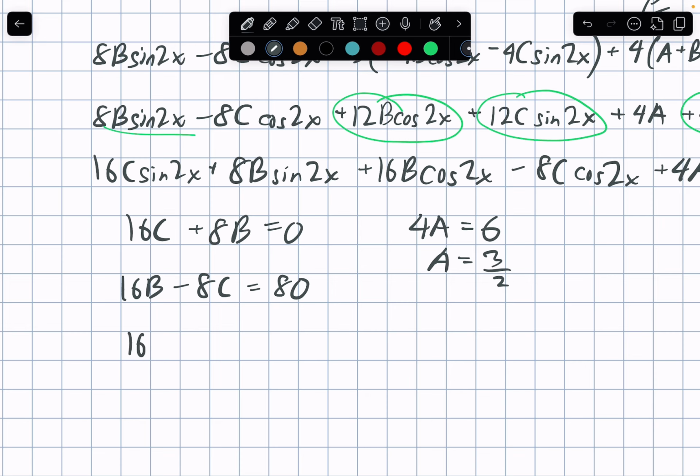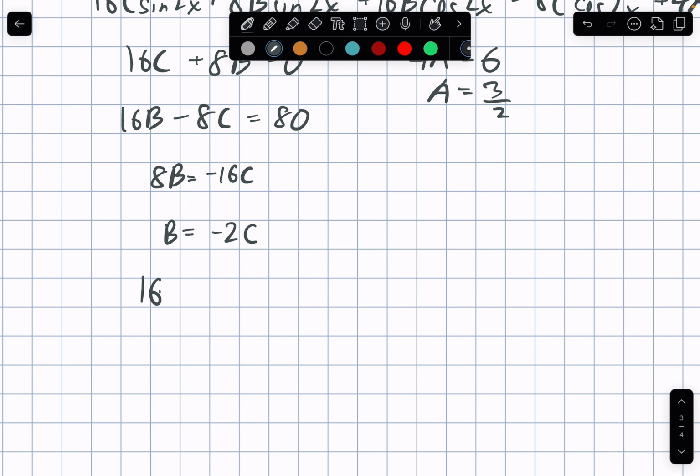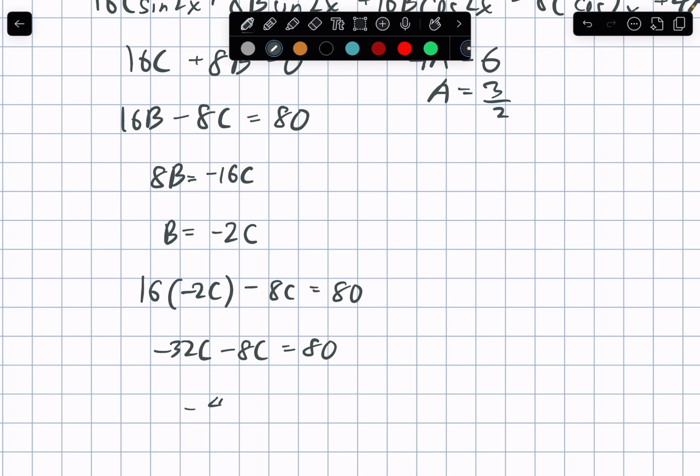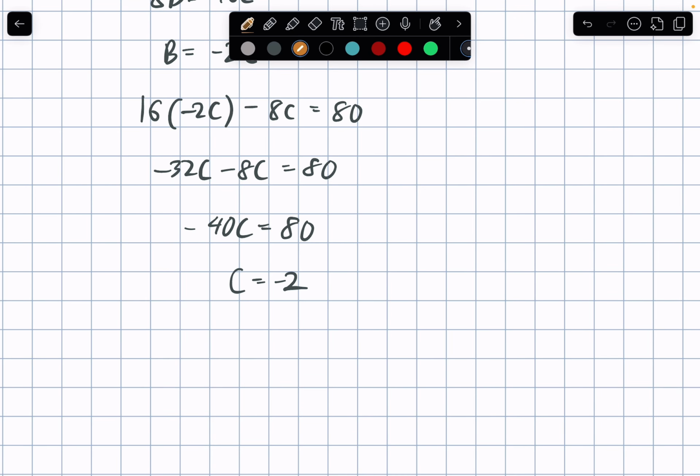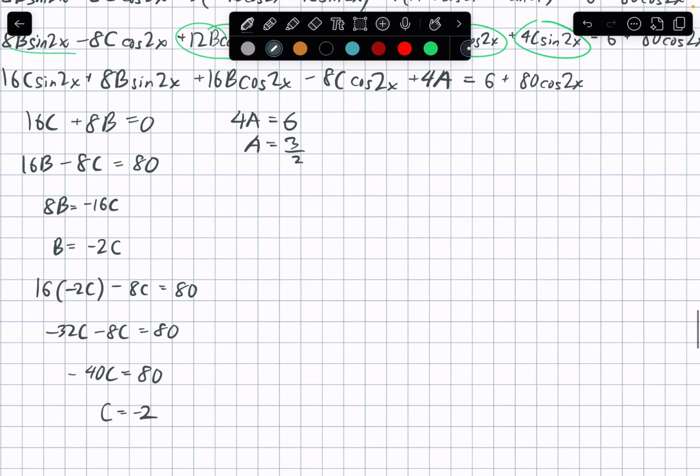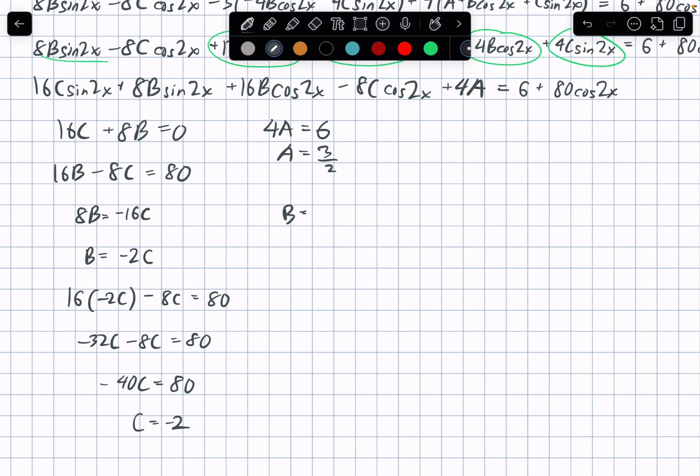Let's just do it manually, just to play it safe. Okay, so b is equal to negative 2 times negative 2. B is equal to 4.